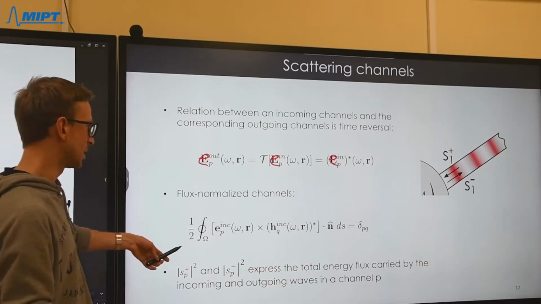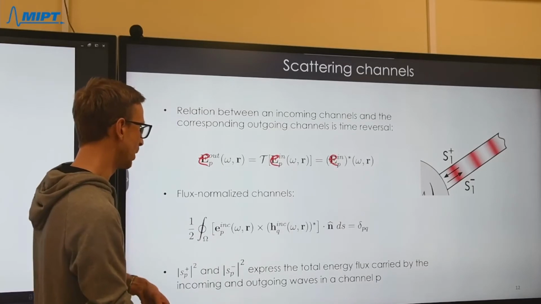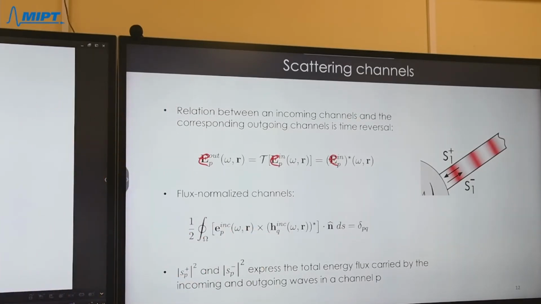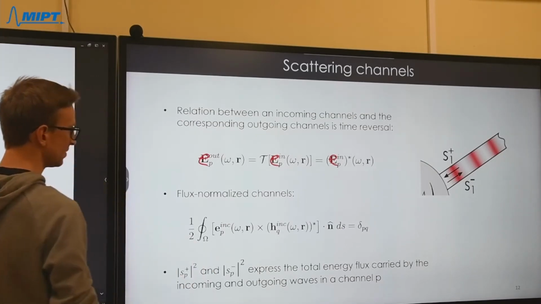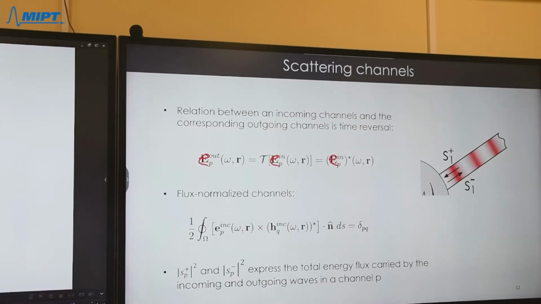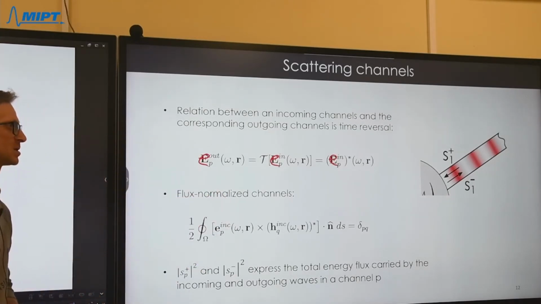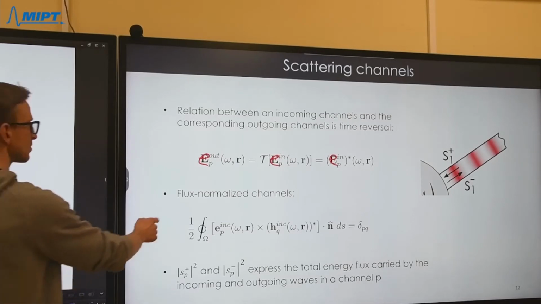Here, by the way, H is the corresponding magnetic field in a particular channel. So if you normalize your channels in this way, then the square of the absolute value will simply give you the energy flux carried towards the structure or away from the structure in a particular channel. And this, in a way, fixes the gauge in which you express all these scattering matrix elements, and that provides a convenient way to calculate the S matrix coefficients.